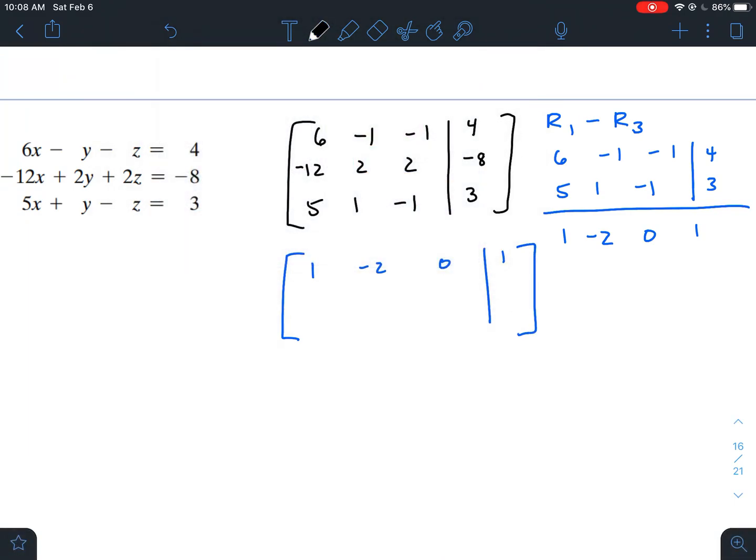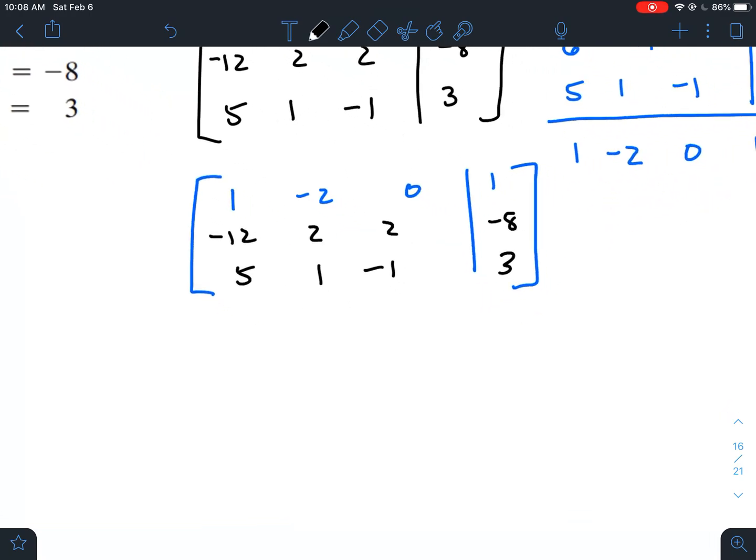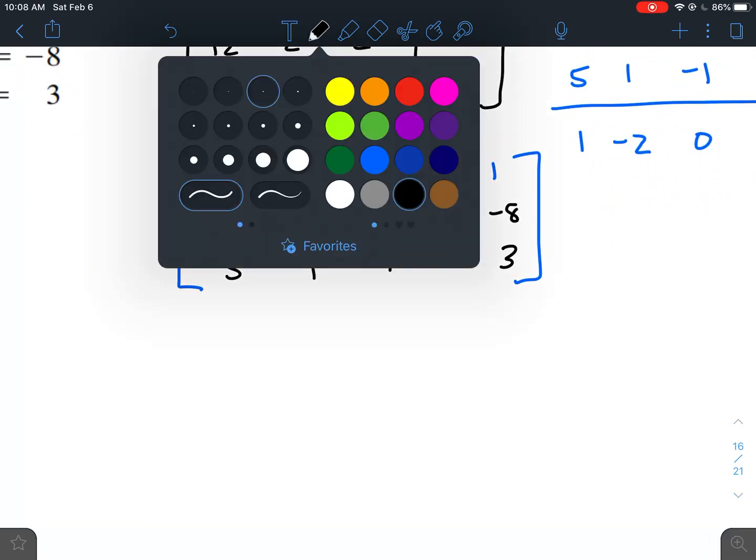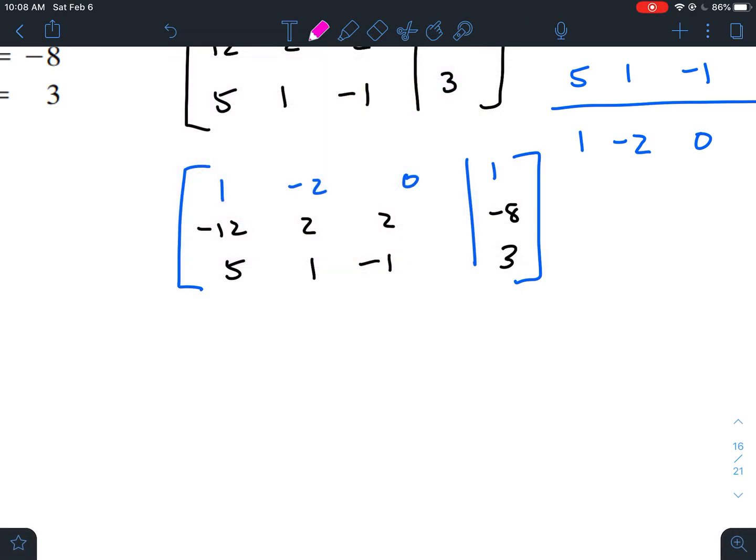All right, and so now I've got negative 12, 2, 2, and negative 8. 5, 1, negative 1, and 3. Now I need zeros underneath it. So to get zeros, I could do row 2 plus 12 times row 1. And that would give me a 0 in the second row, first entry.